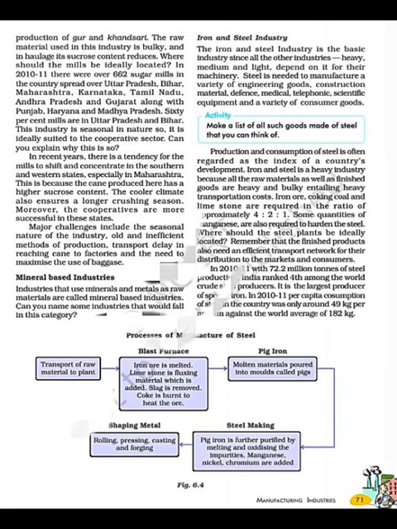Sugarcane is a kharif crop. It is harvested only once in the year, so it is not profitable for the mill owner to keep the sugar mill working for the full year, because raw material is coming just once in a year.